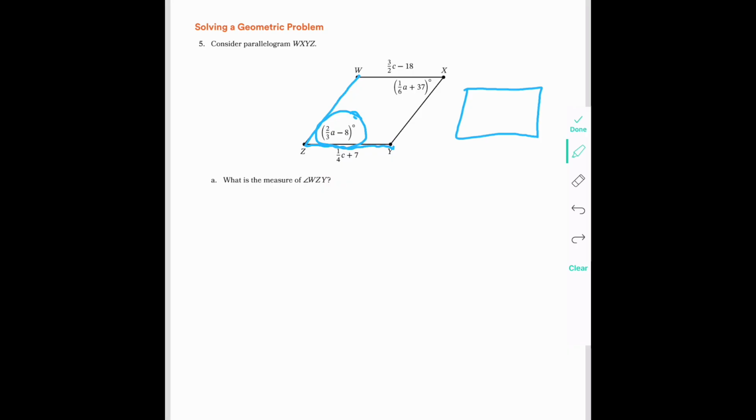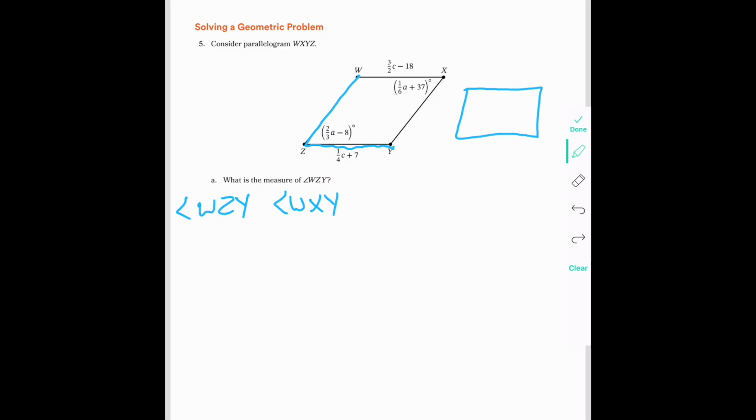Now, if we look across or opposite of WZY, we have another angle, which is WXY. What type of angle relationship do WZY and WXY have?